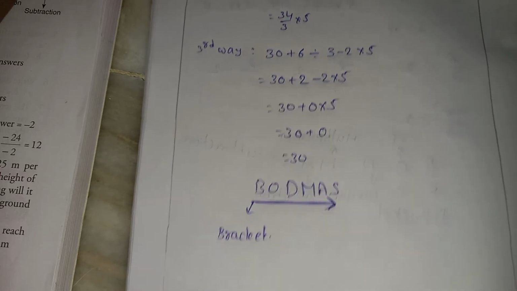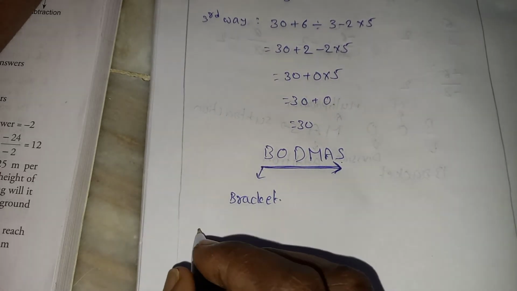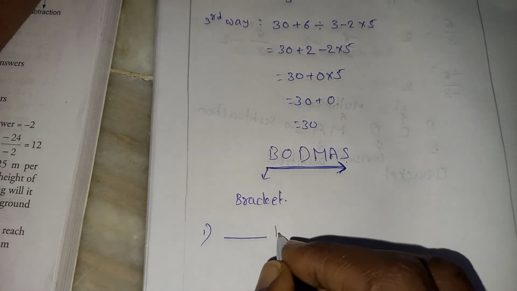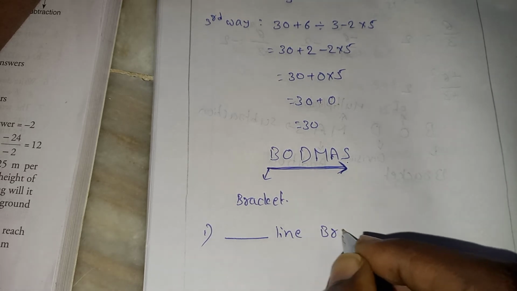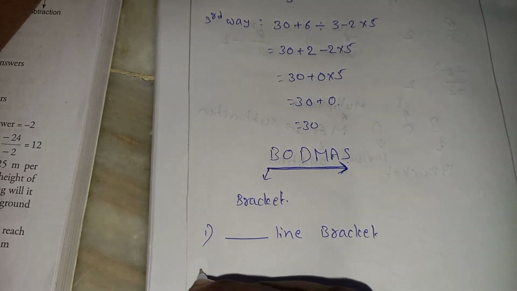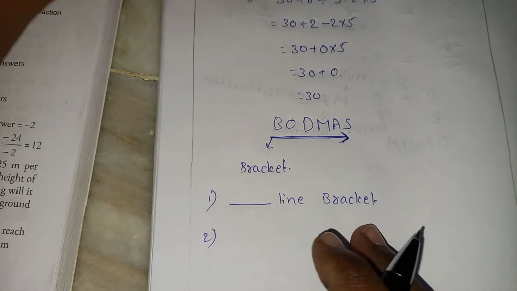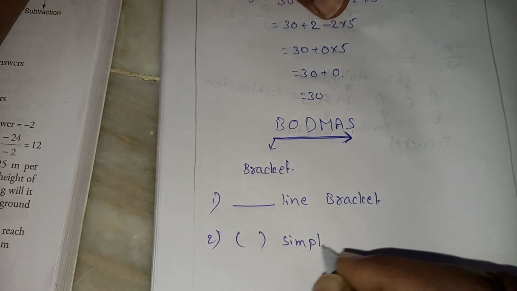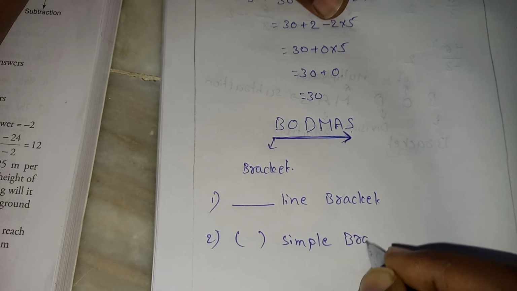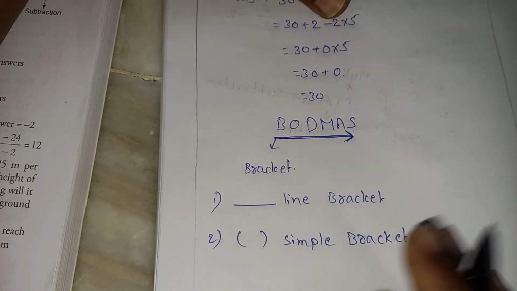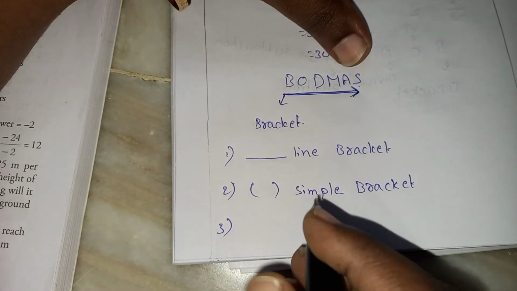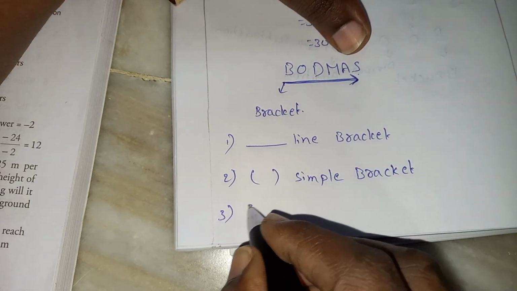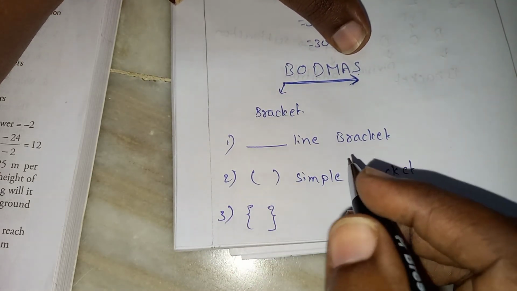Now I will explain different types of brackets. Type 1, line bracket. Type 2, simple bracket. You can also call it parenthesis. Type 3, curly brackets.